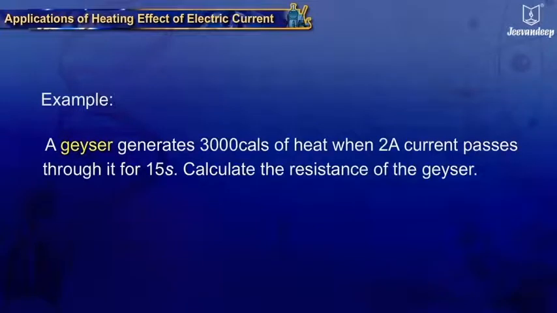Example: a geyser generates 3000 calories of heat when 2 ampere current passes through it for 15 seconds. Calculate the resistance of the geyser.